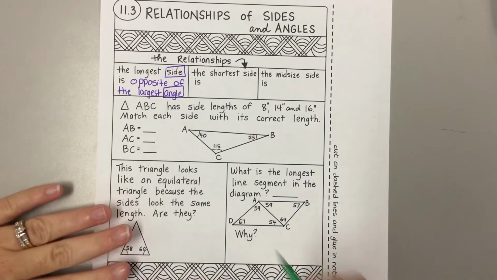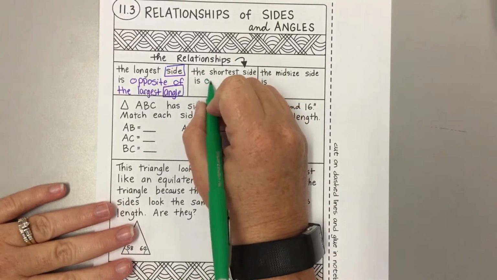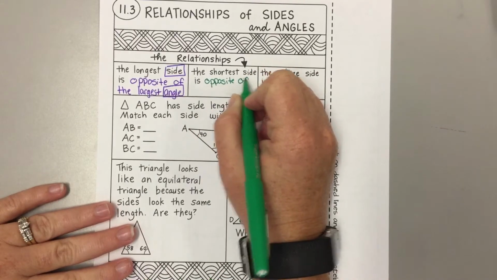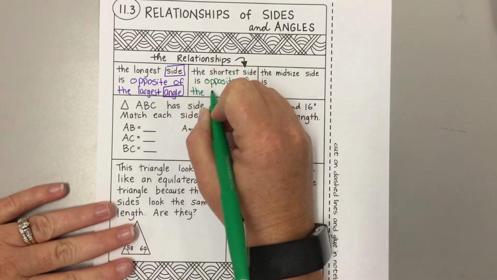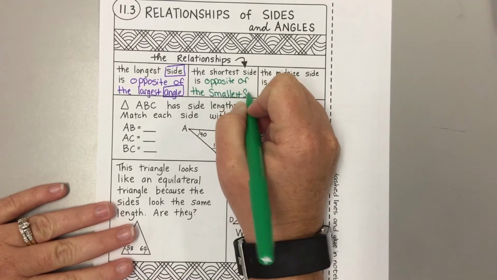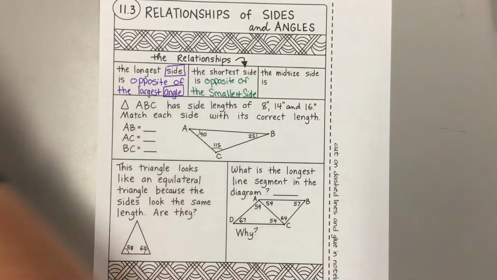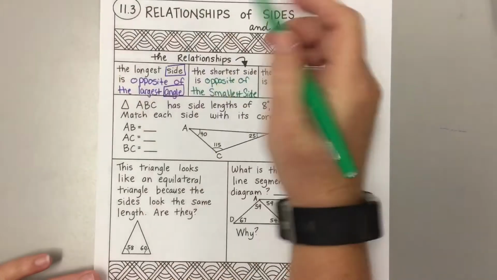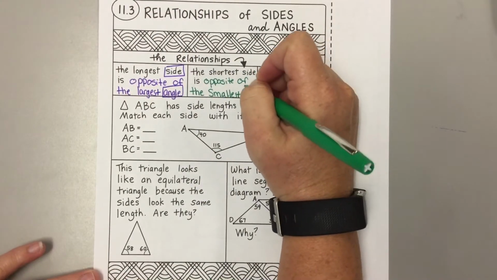The shortest side is opposite of the smallest angle. Oh, hold on, I wanted to make sure that should say angle, my bad.